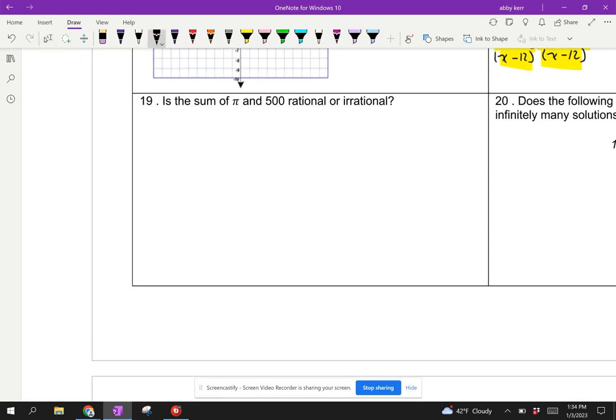So it says, is the sum of pi and 500 rational or irrational? So pi is irrational and 500 is rational because it's a counting number, it's a whole number, it's an integer, which all belongs to the rational family. So what we learned in the beginning of the year is when you add an irrational plus rational, it is going to have an outcome of an irrational number, at least in this case.